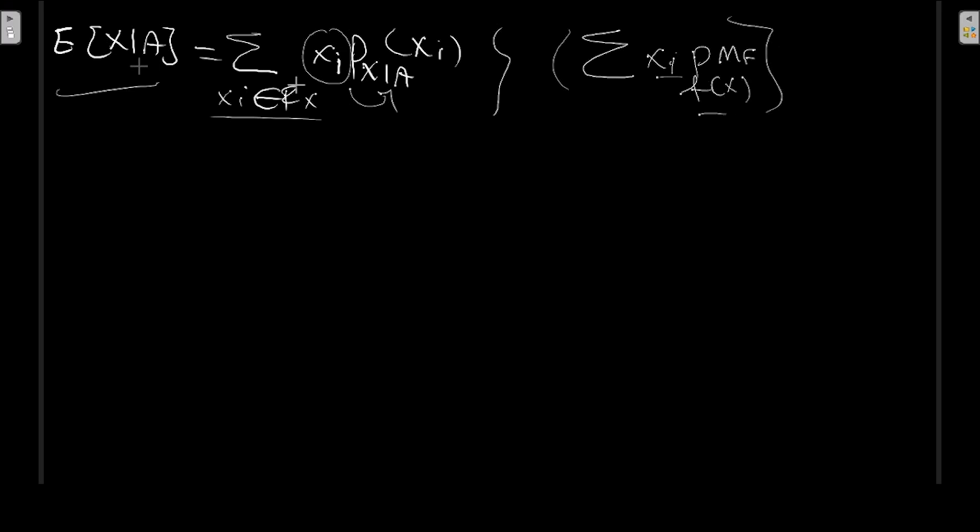Now, given an event A, the expected value is the same. We take the sum of xi multiplied by its probability of X given A.